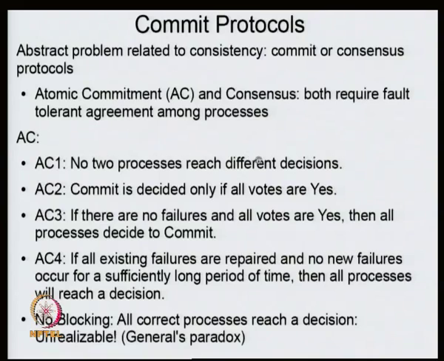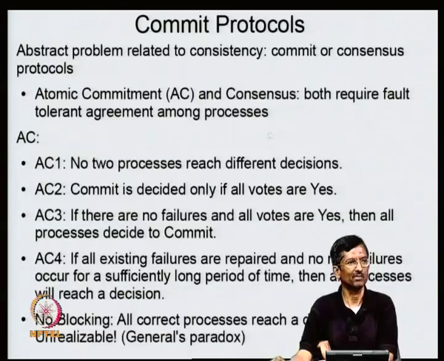This kind of model is appropriate for databases and file systems, because for file systems with respect to metadata consistency, and for databases for application level consistency, because that's something important and it has to be handled. So, using this kind of atomic commitment protocol, you can construct more complex ones which agree on a particular value, or which file needs to flush its data to the disk or whatever.